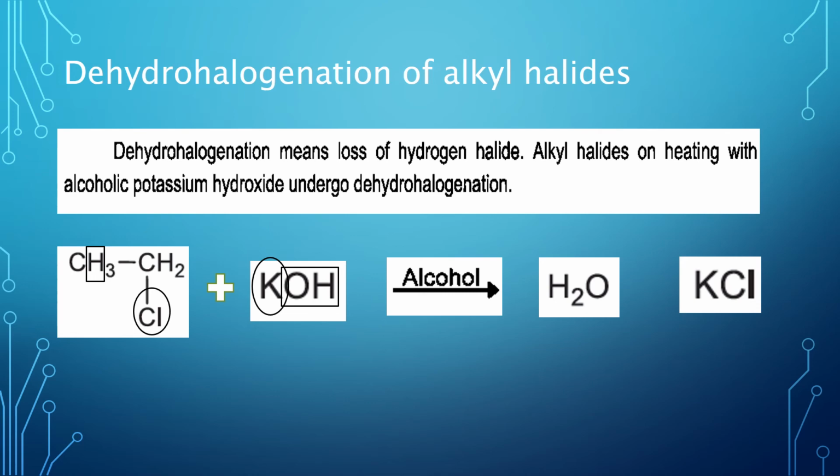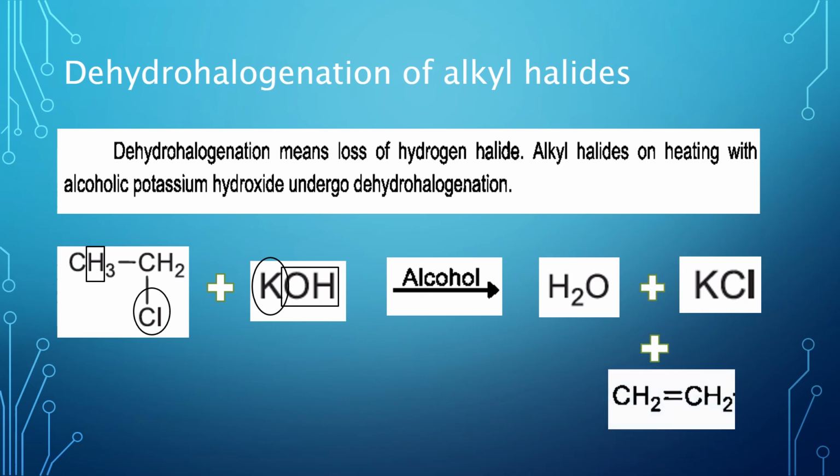So you can see that chlorine from one carbon atom and hydrogen from the adjacent carbon atom is removed in the form of hydrogen halide. So one hydrogen halide has been removed with the product of water and potassium chloride, and the remaining molecule will be ethene.